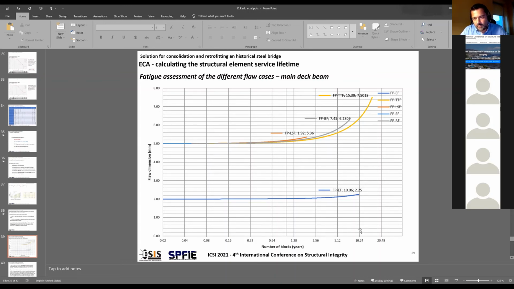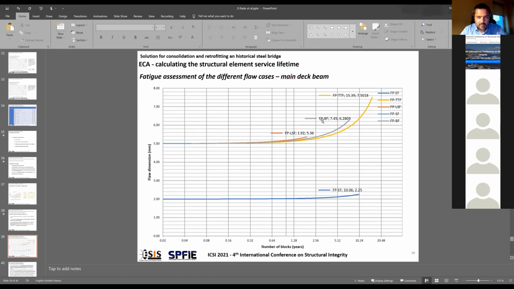In this way, we determine the service life of the structural element. As we can see here, for the main beam, the edge flaw has 10.6 years. In 10.6 years, it will reach 2.25 millimeters, which is the critical size of the flaw.